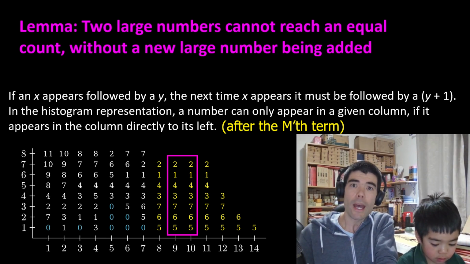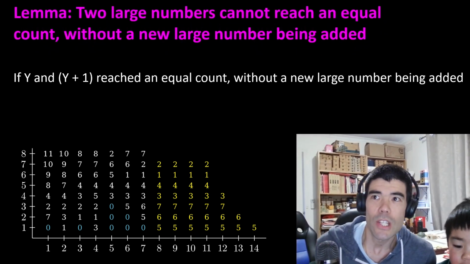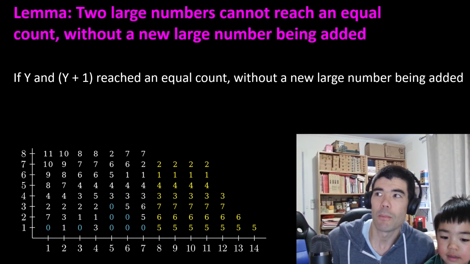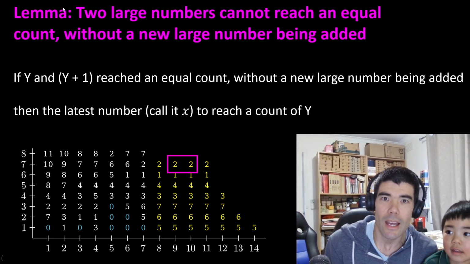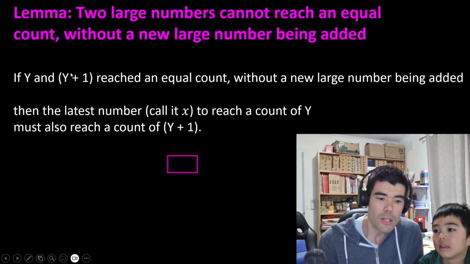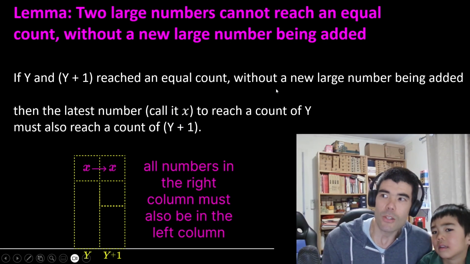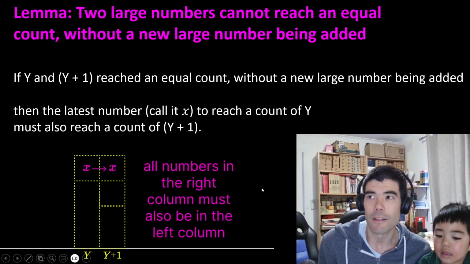Let's call them y and y plus 1. So if y and y plus 1 were to reach an equal count without a new large number being added between them, then the latest number, say x, to reach a count of y, must also reach a count of y plus 1. Because all numbers in that y plus 1 column must also exist in the left-hand column.